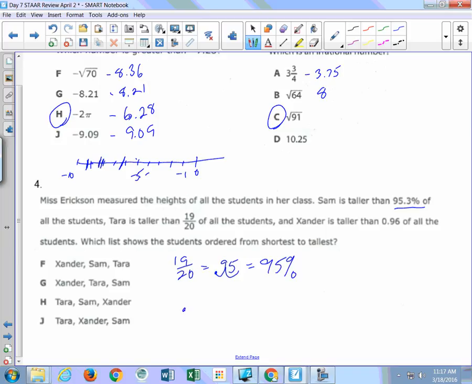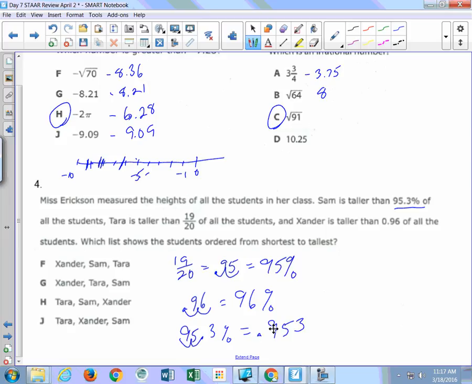Take 0.96, move it over 2 places to the right, and you get 96%. If I just wanted to change them all to decimals, I would do the same thing, I just wouldn't go to the next step. 95.3%, change it to a decimal. You move your decimal to the left 2 places. So that would be 0.953.